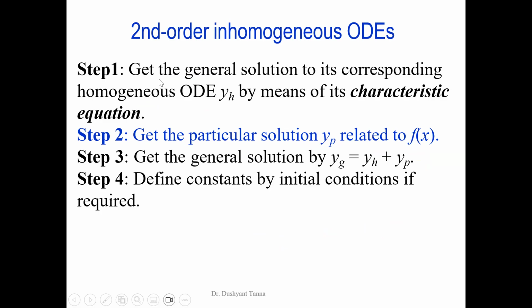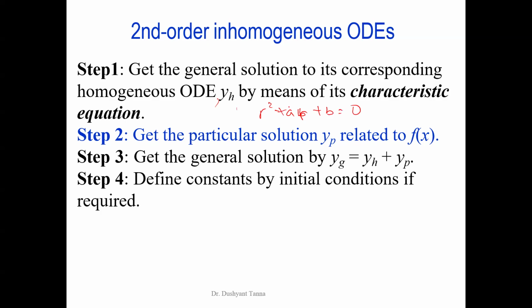First, get the general solution to its corresponding homogeneous ODE, which we call y_h, by means of the characteristic equation. Remember that r equation which we get? r squared plus ar plus b is equal to 0. And there were 3 cases that we were dealing with. If you go beyond second order, there might be a 4th case as well.